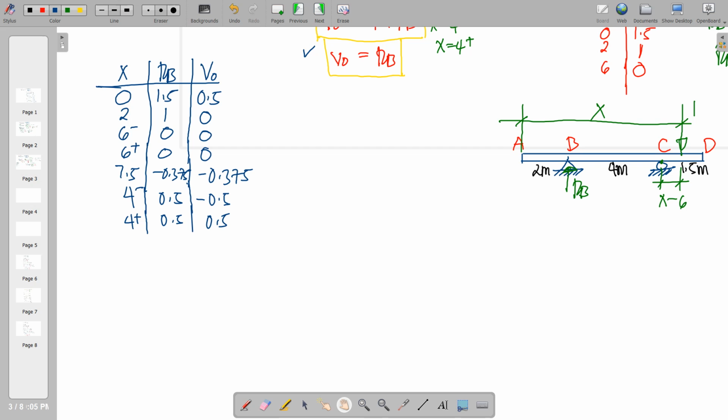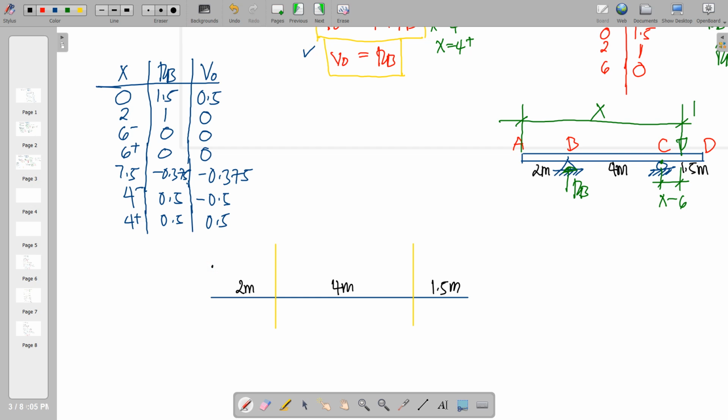As we complete that, we are now ready to determine your influence line diagram. Again, we have here 2, 4, and 1.5 starting at 0. When x is 0, your shear at that point is 0.5, a positive value.